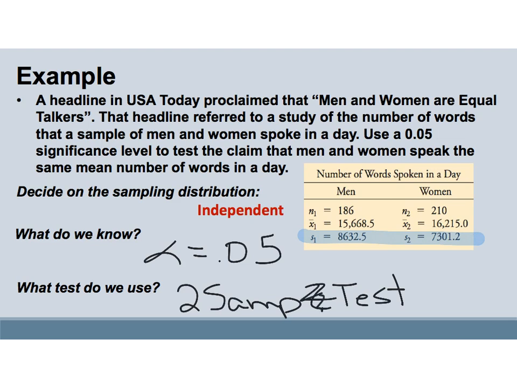If it's S, that's 2-sample t-test. I apologize. Not paying attention. If it's S, you have to know, because I know S and I don't know sigma, that should be two-sample t-test, not two-sample z-test. I apologize for that.